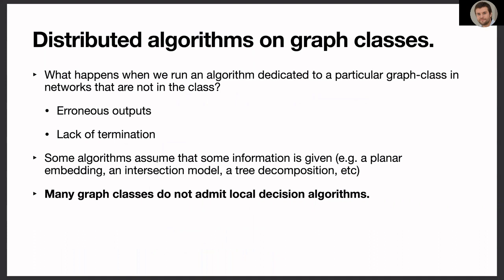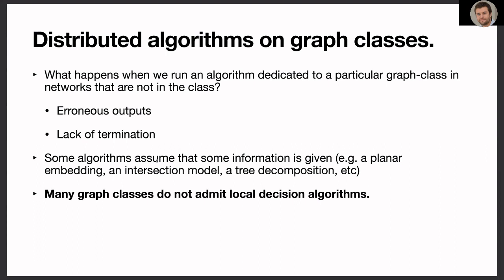And as I said, some algorithms require that some information is given, like a planar embedding or intersection model or tree decomposition. So if we don't have this information, we cannot even run the algorithm. And the bad news is that many of these natural graph classes cannot be recognized by local decision algorithms.